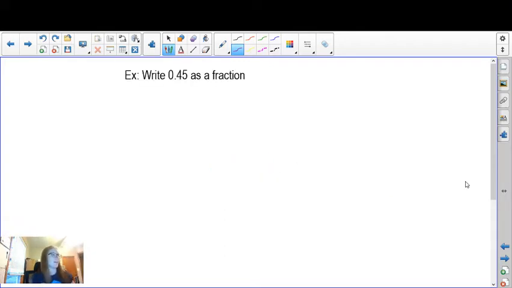All right, now we're going to go backwards and take decimals and write them as fractions. First, what we do is we figure out how many spots after the decimal I have. So in this case, I have 2: 1, 2. So I take that number, in this case, 45.